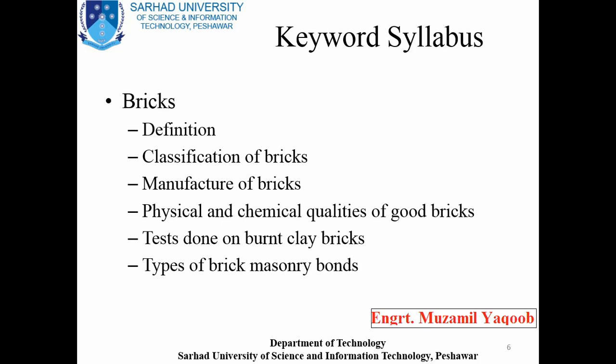For example, absorption test, crushing strength or compression strength test, hardness test, checking salts in the bricks, checking shape and size, and soundness as well. Then at the end of this chapter we will study different types of brick masonry and brick masonry bonds as well.